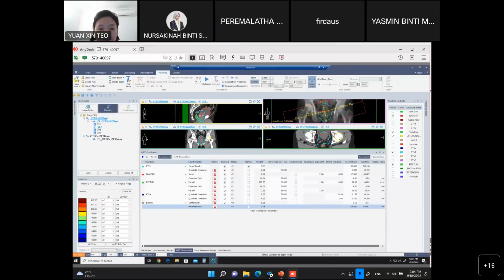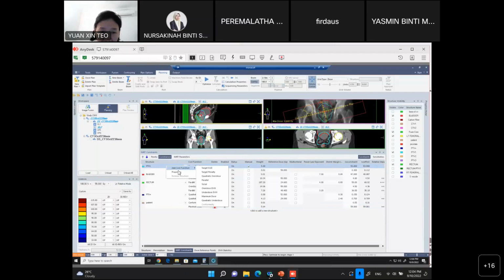Normally for planning for PTV, we can choose, you see, add cost function. This is the list for the Monaco system where we can play around with the cost functions. There is target EUD and target penalty. Normally for a target, we will need to choose either target EUD or target penalty.